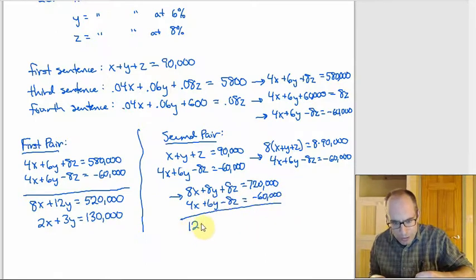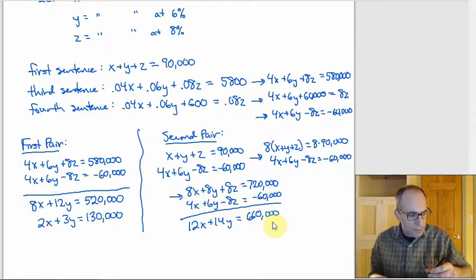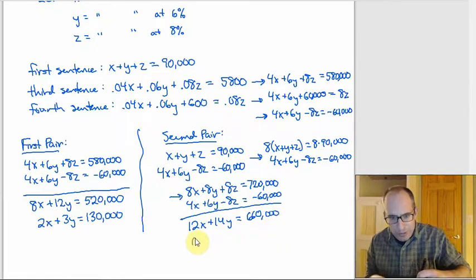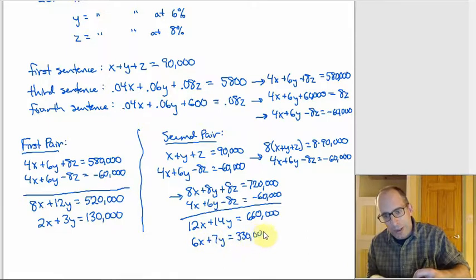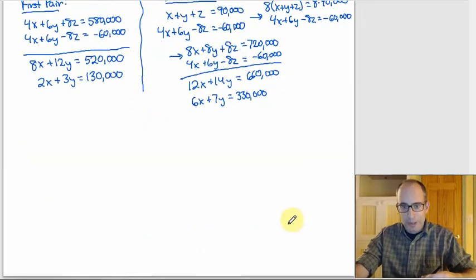So we're going to have 12x plus 14y equals 660,000, looks like. Okay, well, all those are even. So you could rewrite this as 6x plus 7y equals 330,000. Divide both sides by 2 just to make the numbers a little bit smaller.